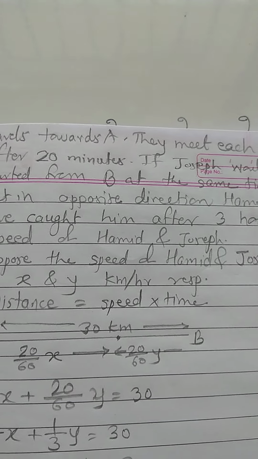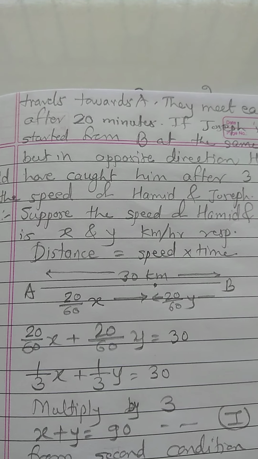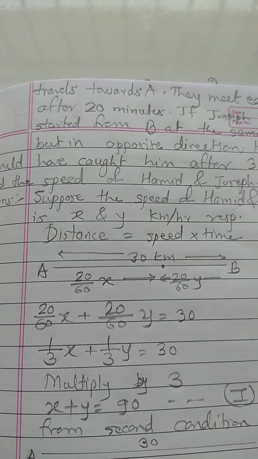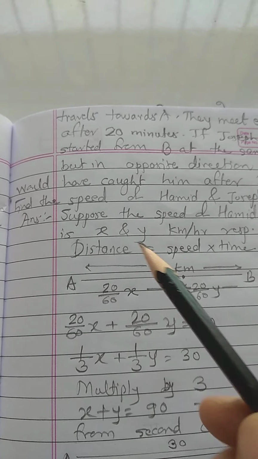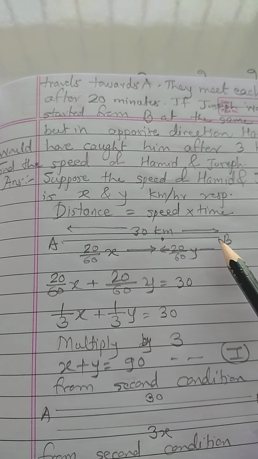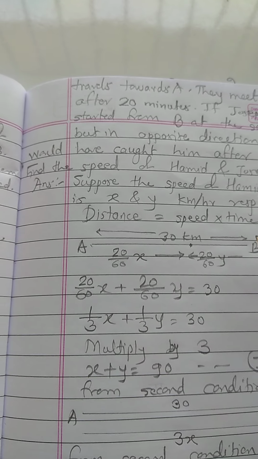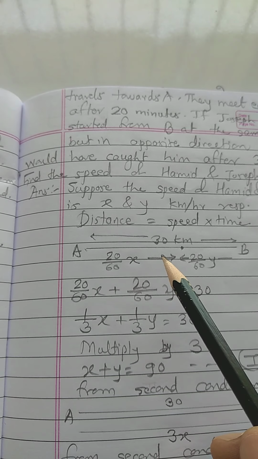If Joseph, this condition, first condition we will discuss first of all, then we will discuss the second condition. See here, this is position A, this is position B. They are 30 kilometers apart. They are moving towards each other.